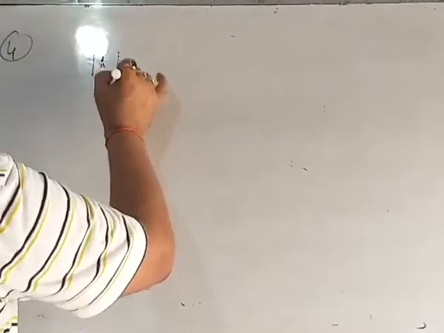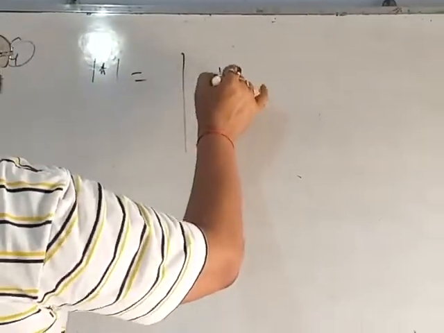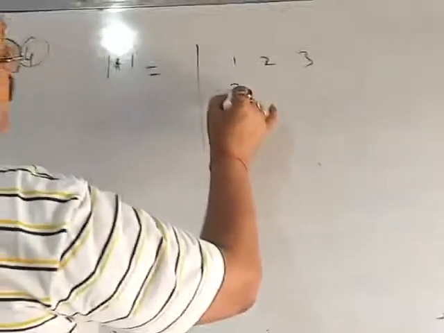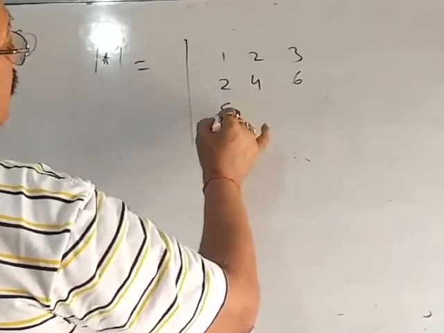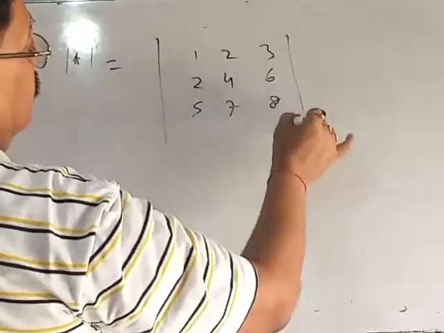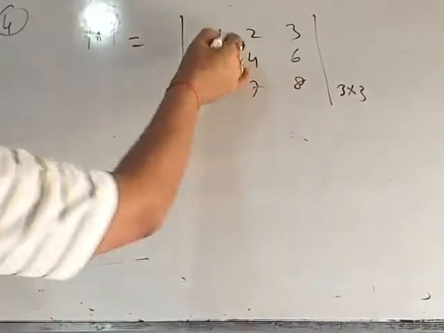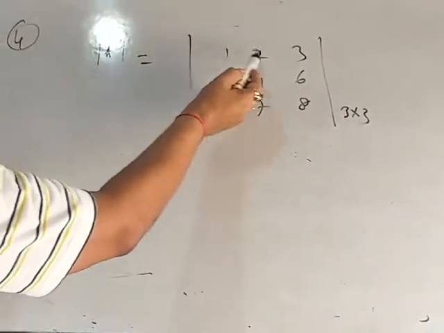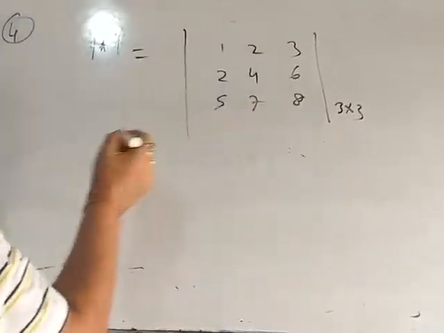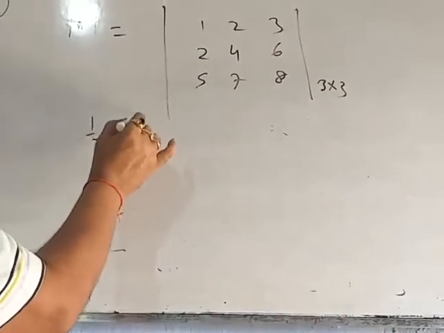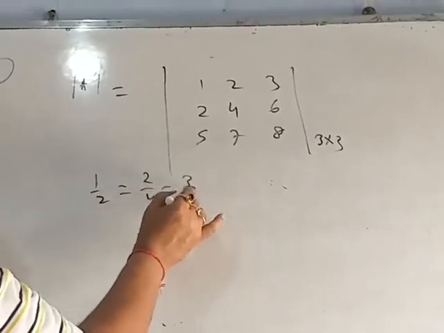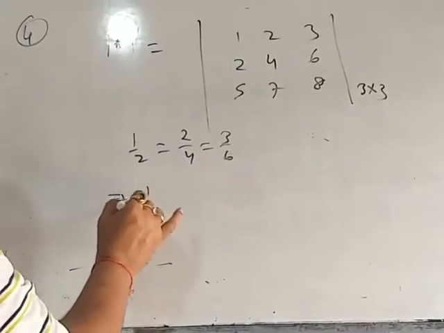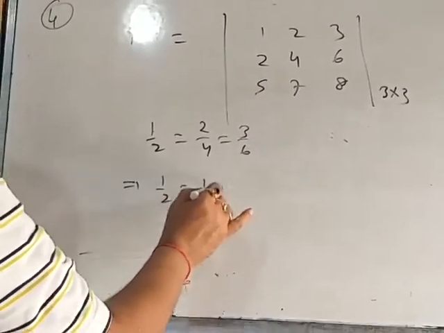Determinant A, first row 1, 2, 3, second row 2, 4, 6, third row 5, 7, 8. Here we see that if we take the ratio of elements of R1 and R2, then 1 by 2, 2 by 4, 3 by 6, that is 1 by 2, 1 by 2.